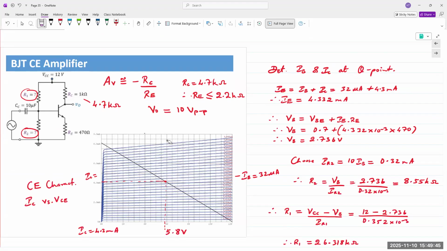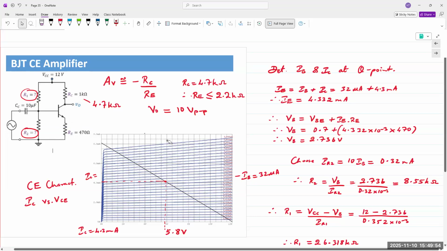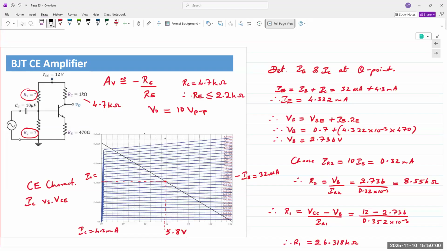So a job as a design engineer is to determine the values of RB1, RB2, and RE. RC, the collector resistor, is given as 4.7 kilo ohms. So in the lab, it is 4.7K. In this example, it's 1 kilo ohm.